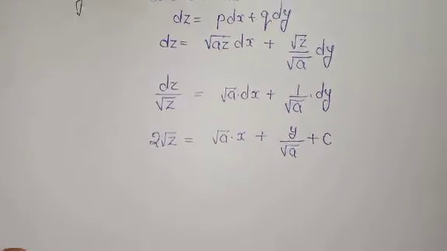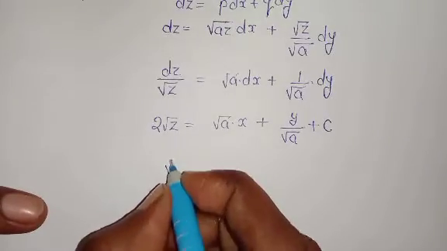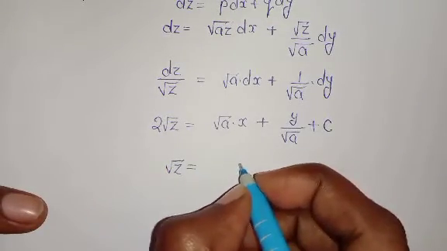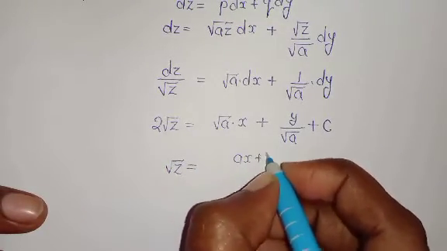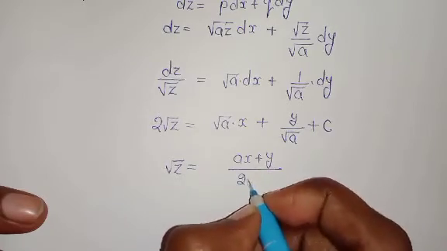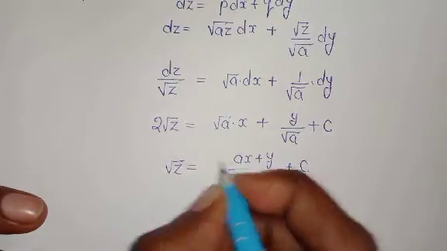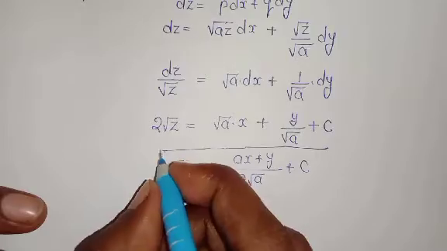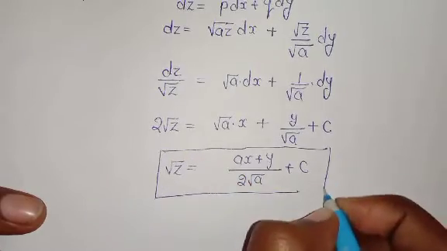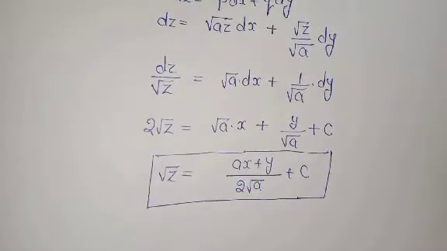And if we simplify, this becomes root z is equal to (ax plus y) by 2 root a plus c, and this is the exact general solution for the given equation. I hope you guys understand the questions of the second standard form.